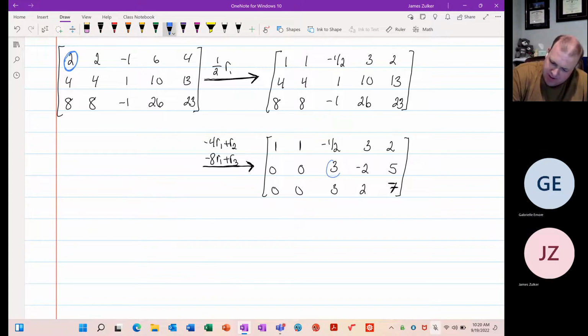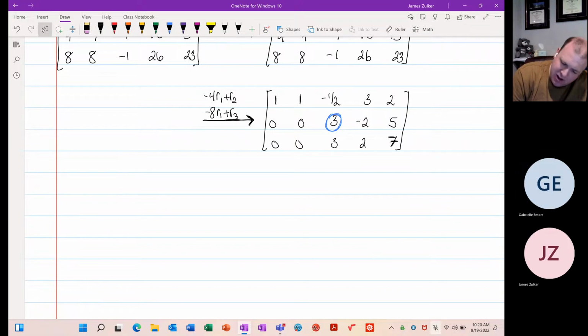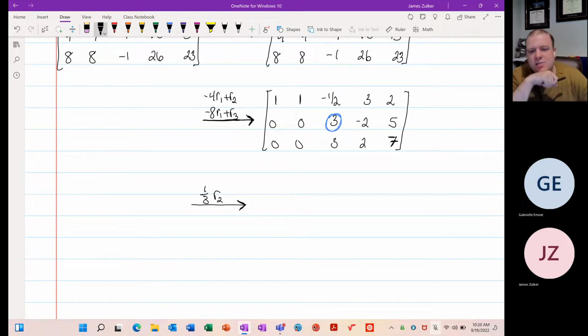And our new pivot, make it 1, so multiply row 2 by a third.